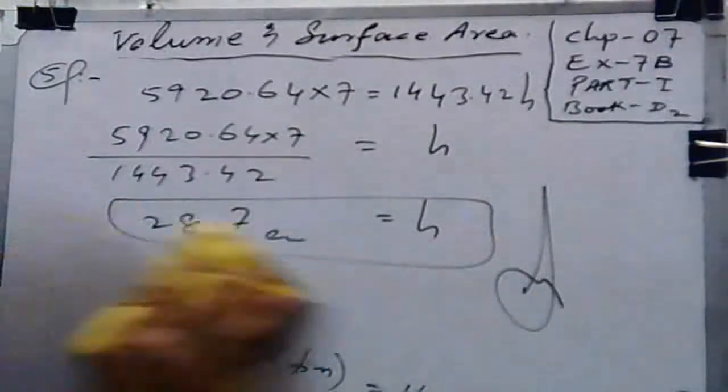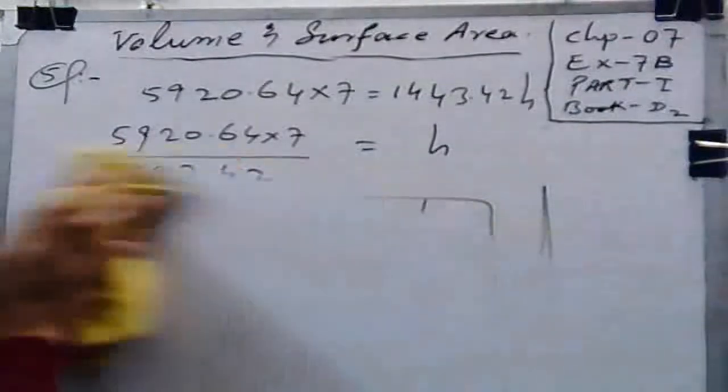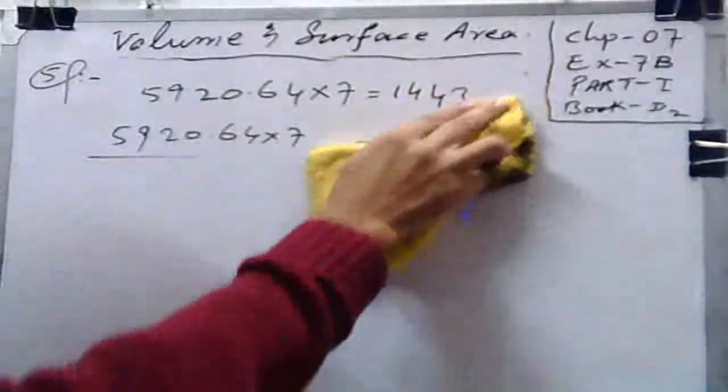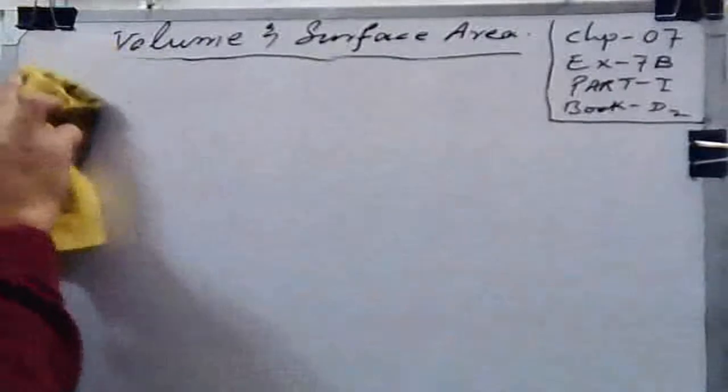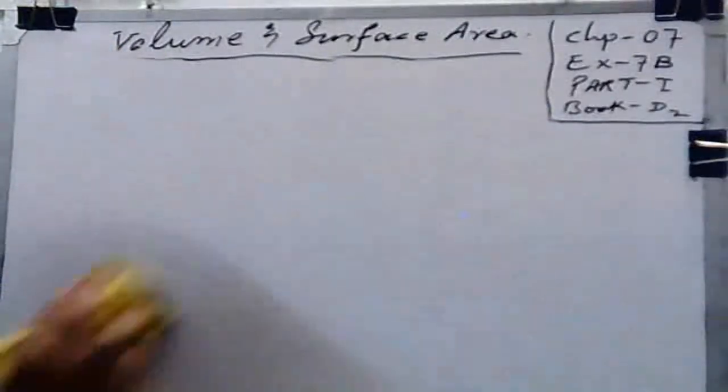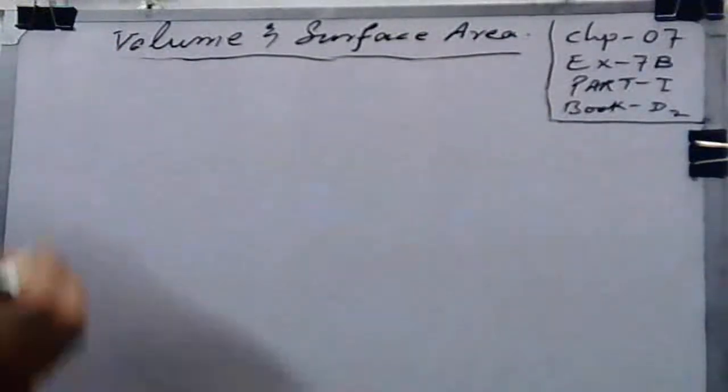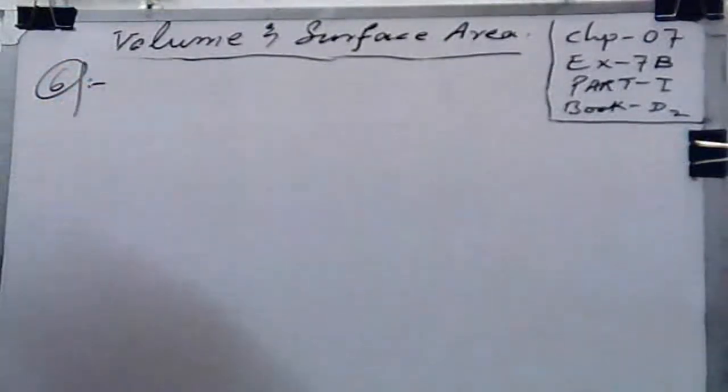Coming to the question number 6. Question number 6. A conical block of silver has a height of 16 centimeter and a base radius of 12 centimeter. How many coins 1/6 centimeter thick and 1 whole 1/2 centimeter in diameter can be made by melting the silver?